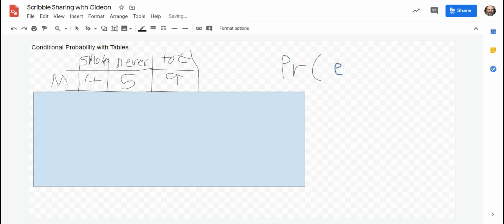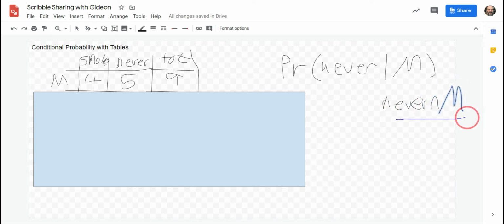So the old-fashioned way, the way from the end of the book: we've been given male, and we've been asked what percentage of males never smoked. So now male becomes the given. So never intersect male is the top of the fraction, and the total number of males, the condition, is the bottom of the fraction. But we kind of already knew that by looking at the table. Do we need to know how many females there were to answer the question, what percentage of males never smoked?